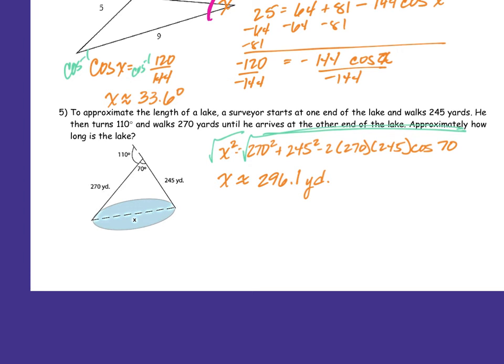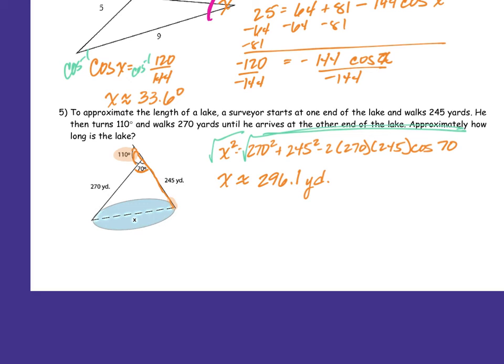I just wanted to make sure that you're not using 110. I know it said 110 in the story problem, but in the triangle it made a 70-degree angle. So I was walking and I made a 110-degree turn. If I'm walking this way and then I make a 110-degree turn here, this right here is the angle I'm going to use, not the 110-degree turn.